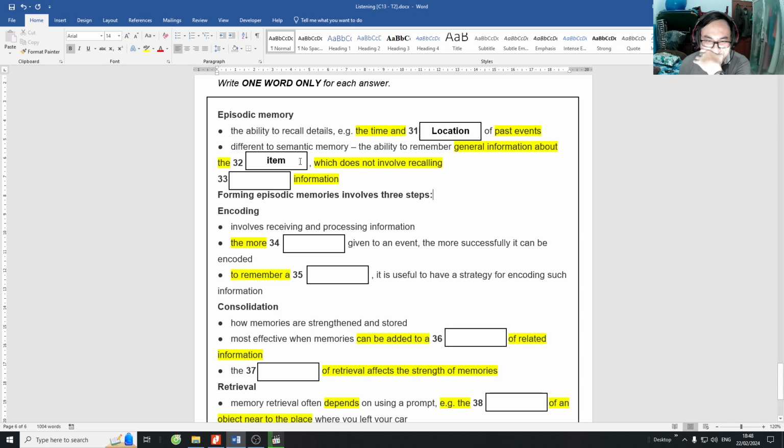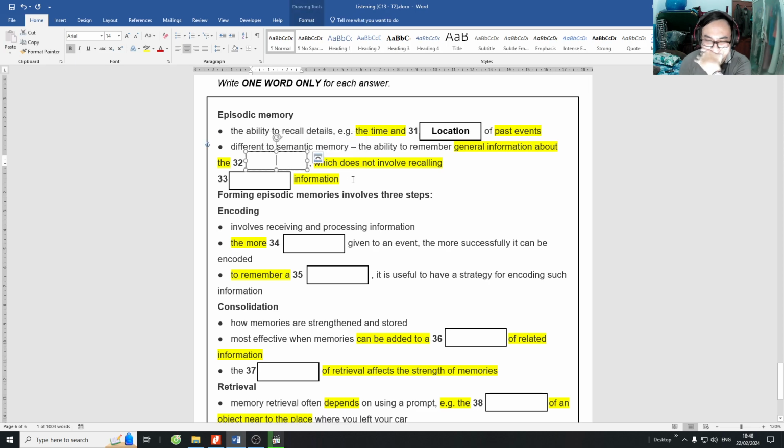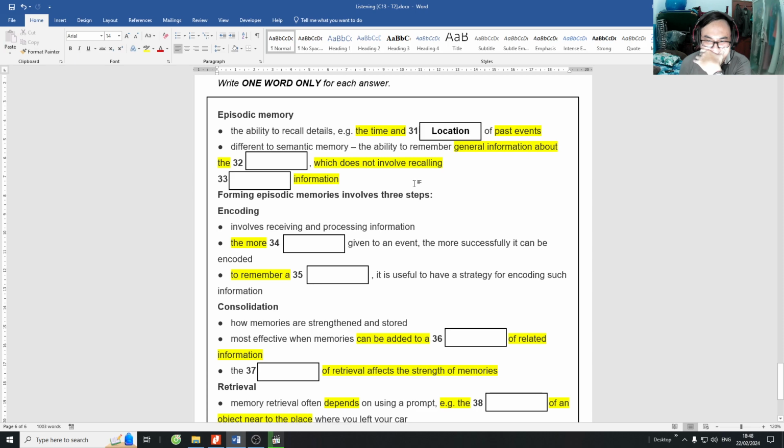But your understanding of what a car is and how an engine works are examples of semantic memory. Unlike episodic memory, semantic memory isn't dependent on recalling personal experiences.